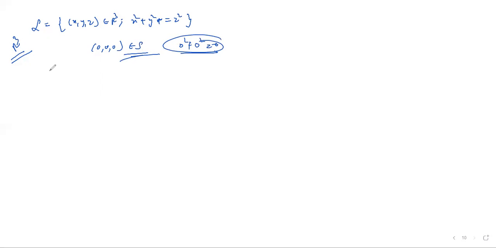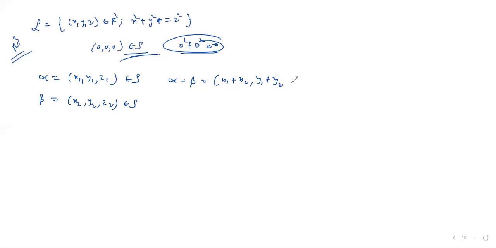Now let's check for vector addition and scalar multiplication. Let's say I take the vector alpha equals (x1, y1, z1) belonging to S, and another vector beta, which is (x2, y2, z2) belonging to S. Then alpha plus beta equals (x1 plus x2, y1 plus y2, z1 plus z2). This is their vector addition.